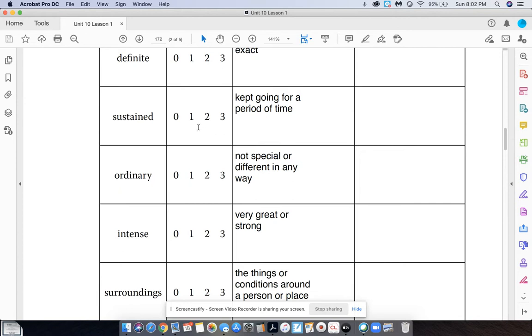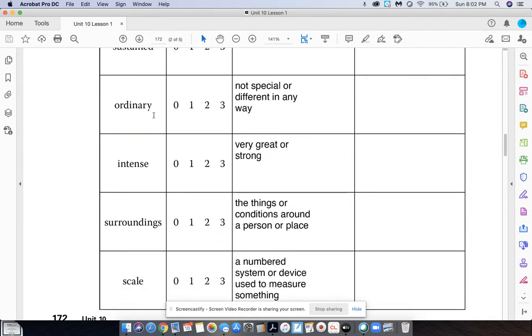Sometimes when they're talking about hurricanes, they talk about sustained wind speeds. That means wind speeds that stay a really, really strong miles per hour for a long period of time. Ordinary means just not special or different in any way, just normal. Intense means very great or strong.